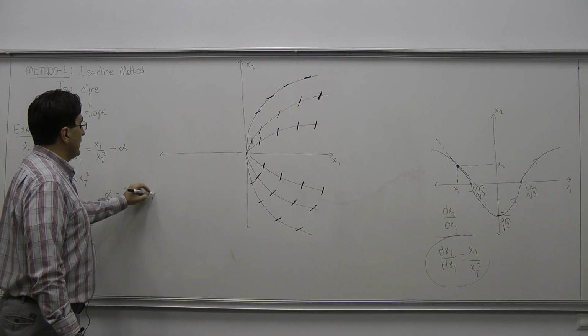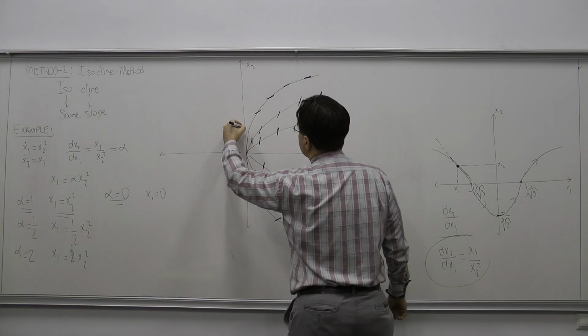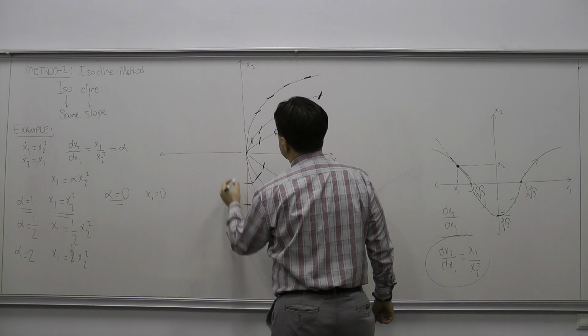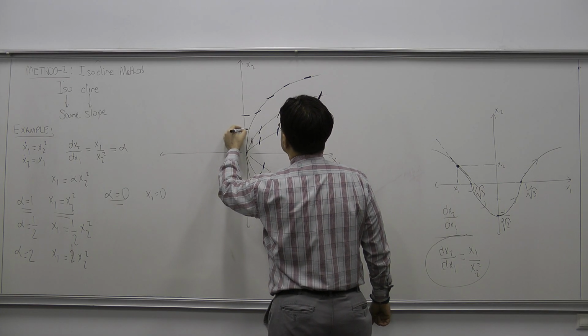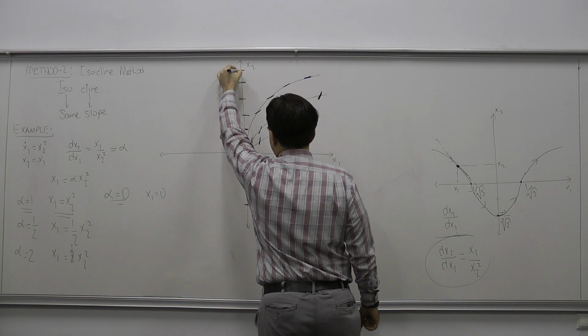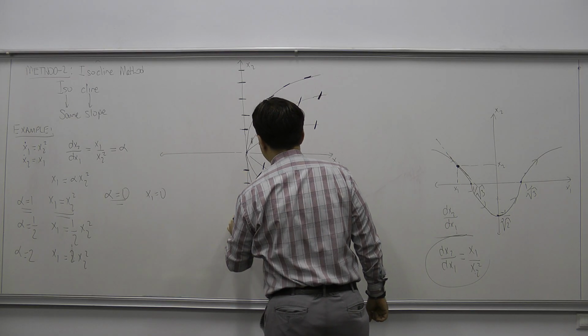In that case, x1 equals 0, meaning the x2 axis. So the slope of the trajectories on the x2 axis will be just horizontal. So I will draw things like this. Similarly here as well.